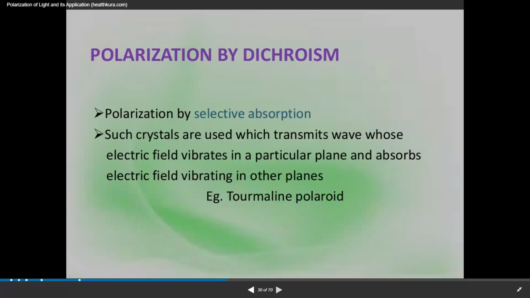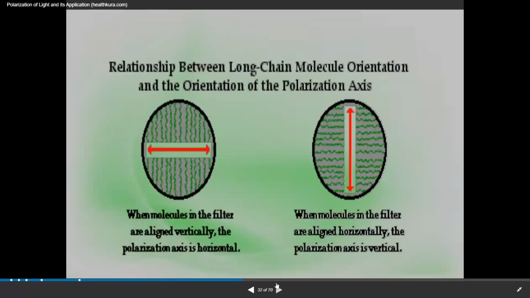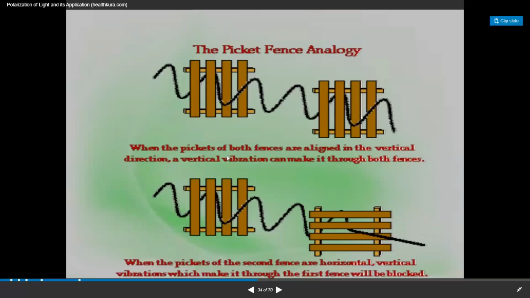Polarization by dichroism. It is also called selective absorption. It will be explained clearly by this picture, selective absorption. Here it is a polarizer in a vertical shape.